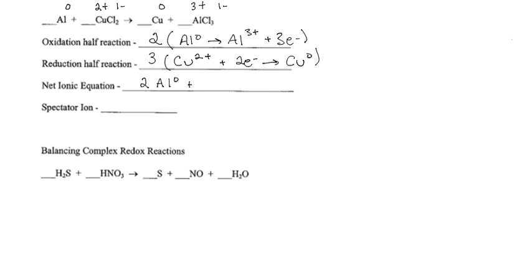So we can write out 2Al0 plus 3Cu2+ arrow 2Al3+ plus 3Cu0.